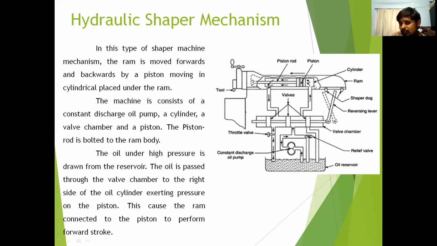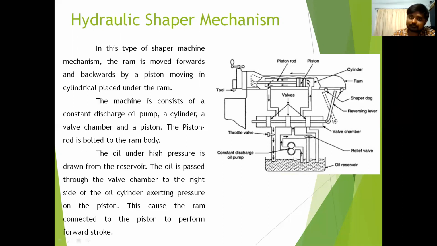So if you want to get the reciprocating motion of the ram, initially we have to give reciprocating motion to the piston inside the cylinder. This reciprocating motion is obtained by using the hydraulic fluid. Let's see here.